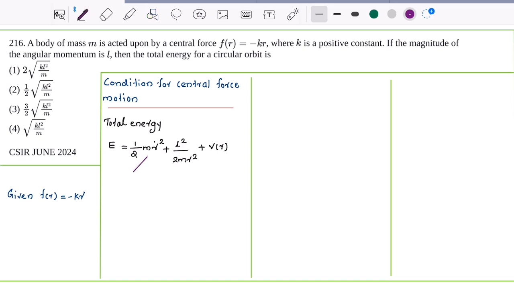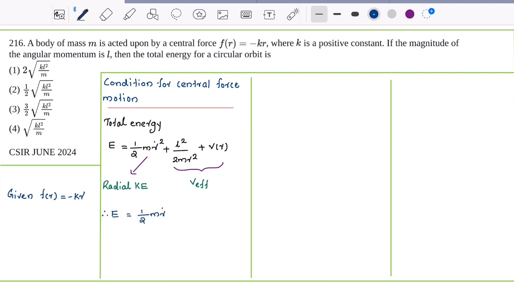Here, the first term, half m r dot square, is called the radial kinetic energy, and the remaining terms together we will call the effective potential V effective. The effective potential is L square by 2m r square plus V of r.